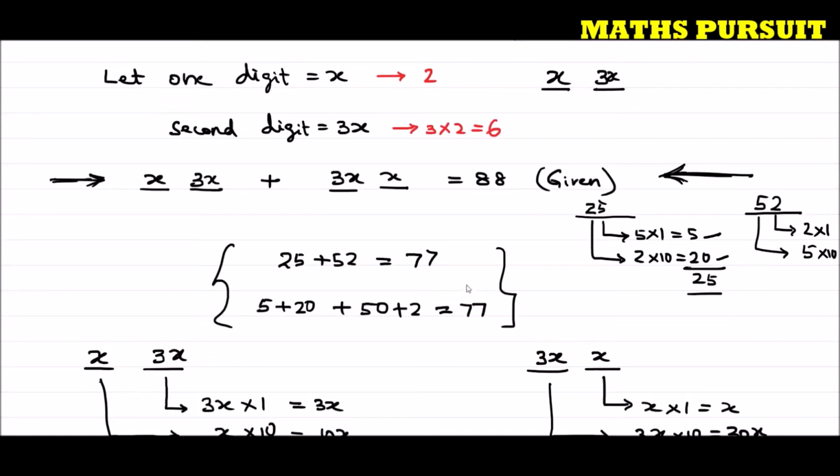Now, we do not know what type of digit it is. We considered x3x, now it will become 2 and 6. But we do not know whether the first digit is x or the second digit is x, we just assumed it. So we could get two numbers, either 26 or 62. Just these two numbers we can consider.